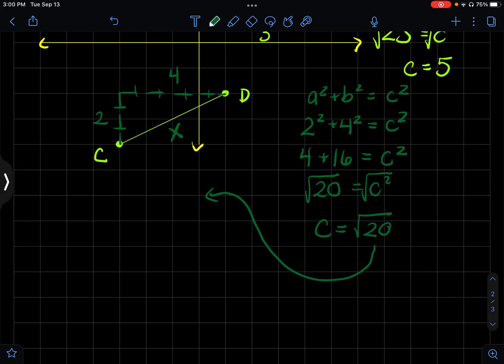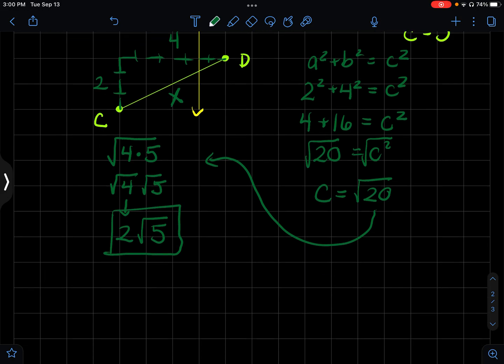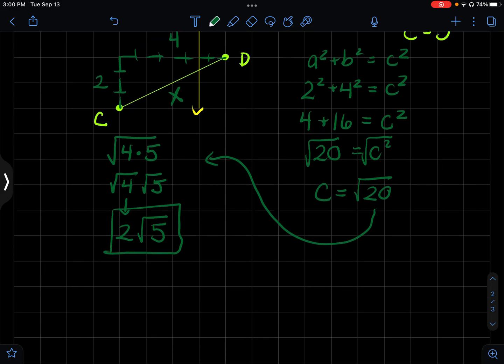So if I do that, I can rewrite this as 4 times 5, right? 4 times 5 is 20, and then separating it, the square root of 4 and the square root of 5. 4 is the perfect square. So the square root of 4 is 2, and then the square root of 5 is not a perfect square, so we leave it.